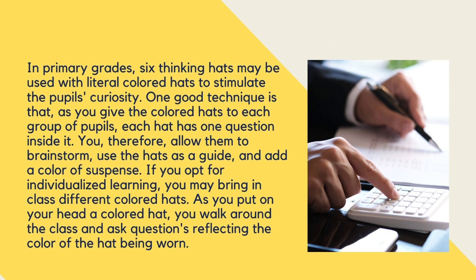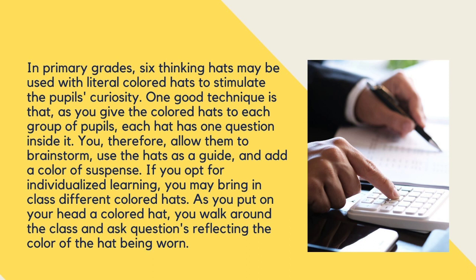In primary grades, 6 Thinking Hats may be used with literal colored hats to stimulate the pupils' curiosity. One good technique is to give a colored hat to each group of pupils. Each hat has one question inside it.